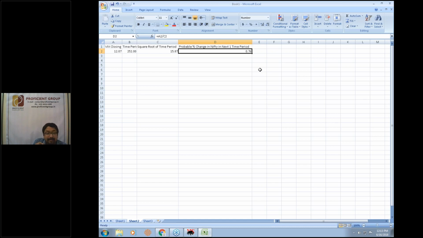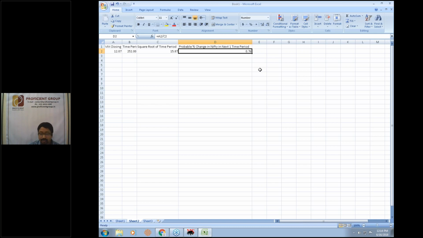That is, for the next Monday it is 0.76%, right? And this percentage change is possible in both upside and downside. What is the probability? The probability is 67%. That is the one standard deviation.